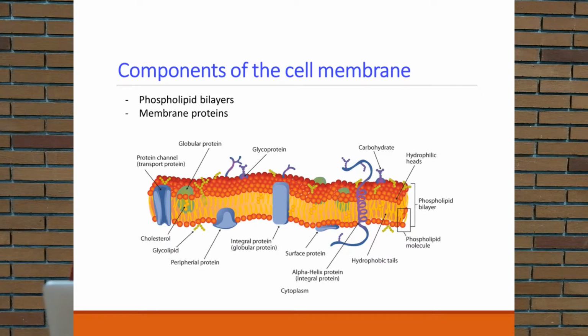There is also the surface protein, which is located on the surface, either outer or inner. There is also the peripheral protein, which is located on the peripheral side of the membrane.